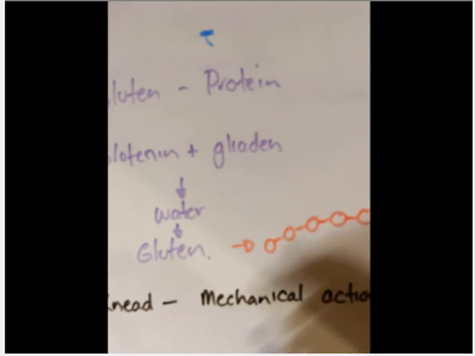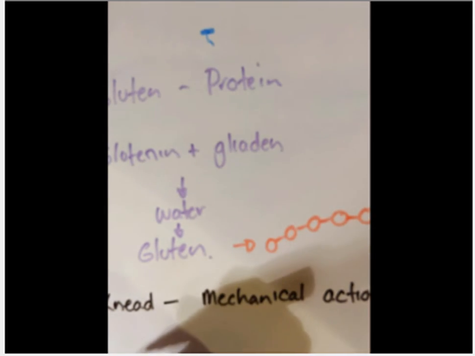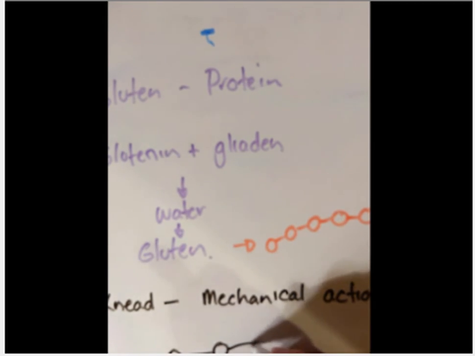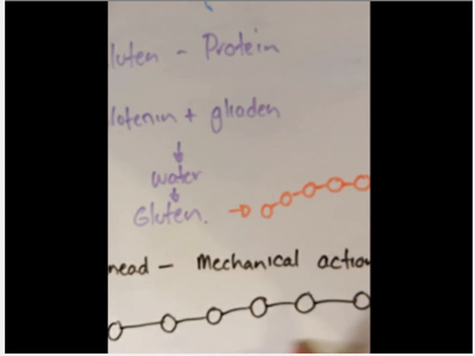Now remember, when we are working our gluten strands and we're mechanically acting, what we're actually doing is stretching them out through the process of denaturation. So we're making those strands much longer, like this.